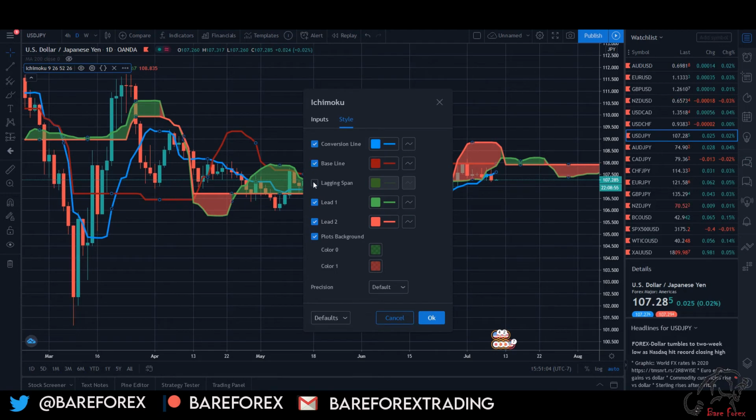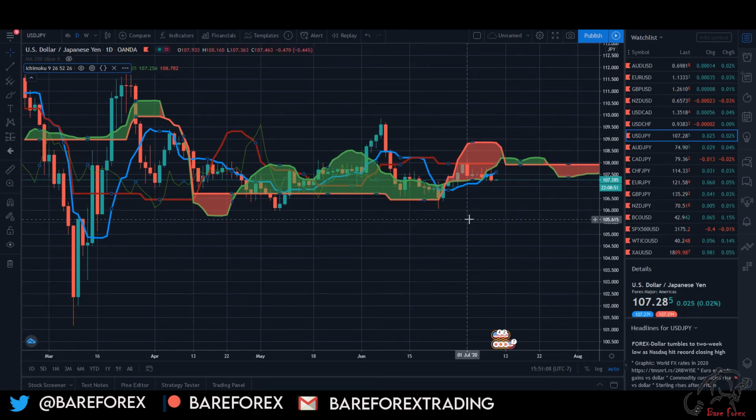See that one. Now what that is, and right now it's in the middle of this cloud here, but what it does is it tells you where price was 26 bars ago.